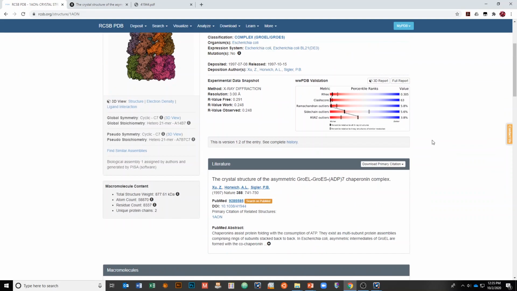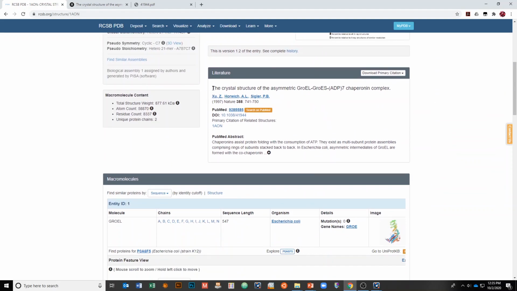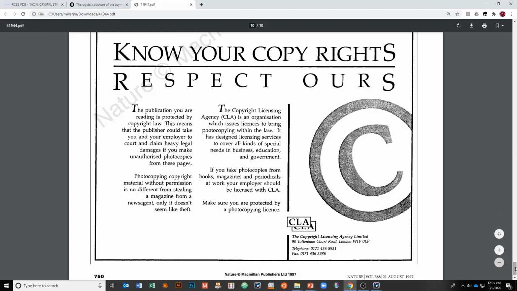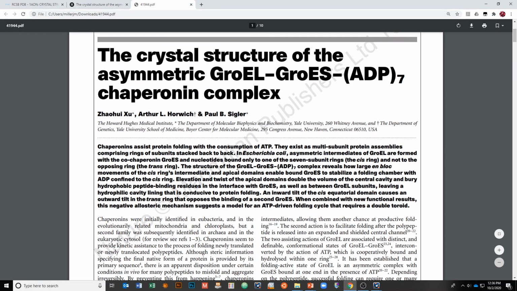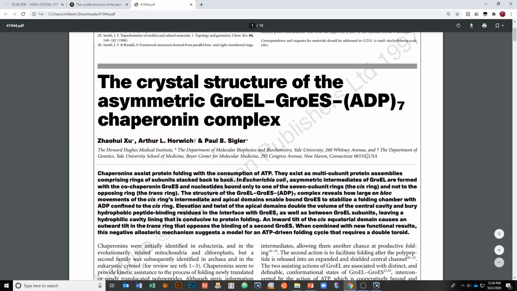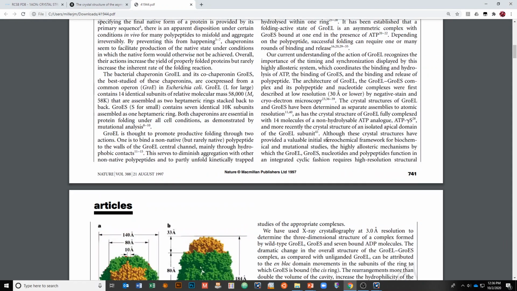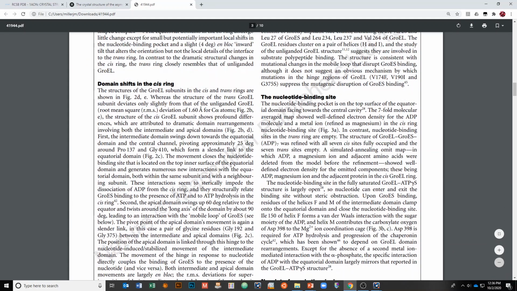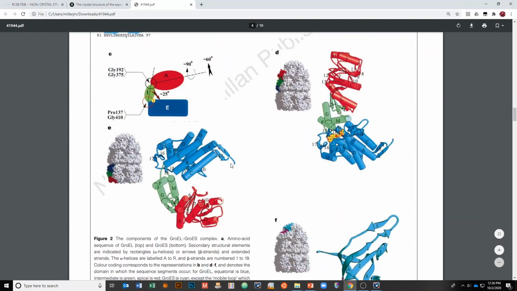If you are curious and want to read more, here is the citation. You can click on the PubMed or DOI link, and it'll take you to the paper. I've been perusing this. It's pretty interesting. It's actually one of the original papers on the GroEL-GroES complex. It gives you a sense for the dimensions of this protein, and also a feel for the motions that occur.